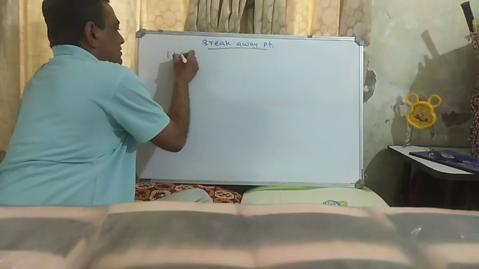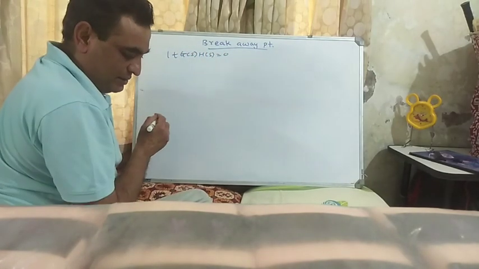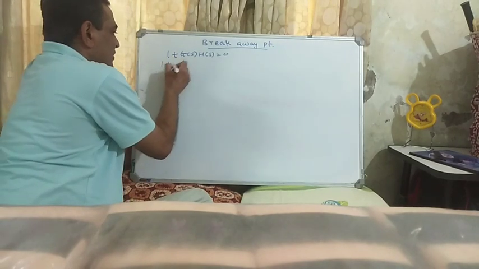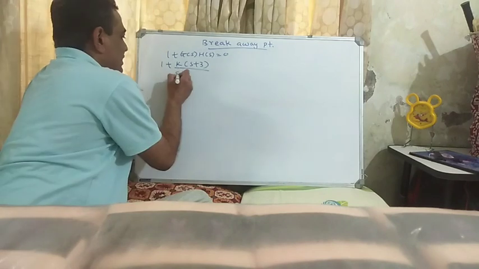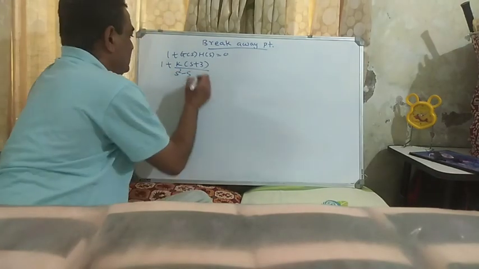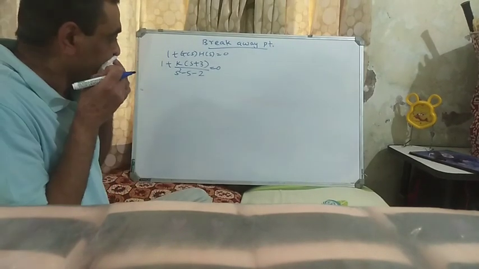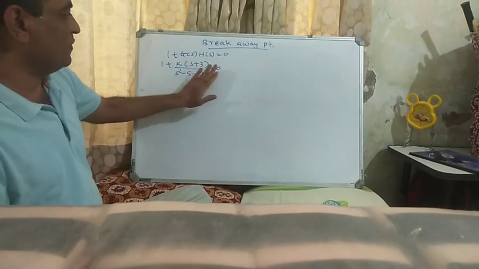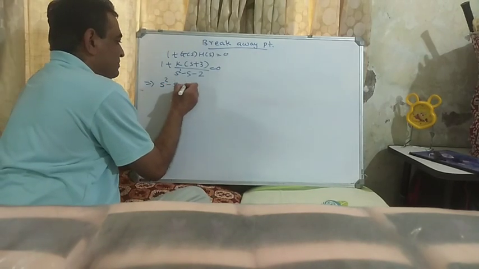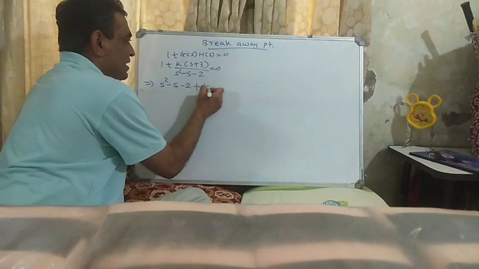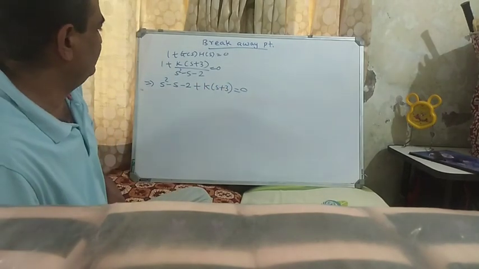So 1 plus g of s h of s equals to 0, and 1 plus k into s plus 3 upon s square minus s minus 2 equals 0. So this implies s square minus s minus 2 plus k times s plus 3 equals to 0. Okay.